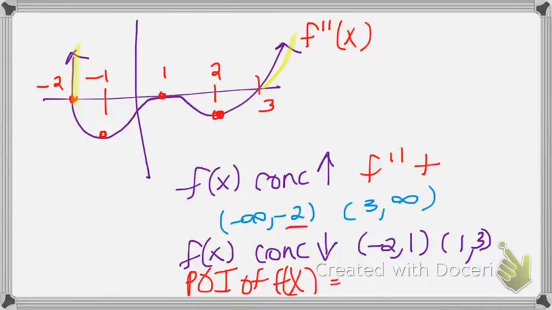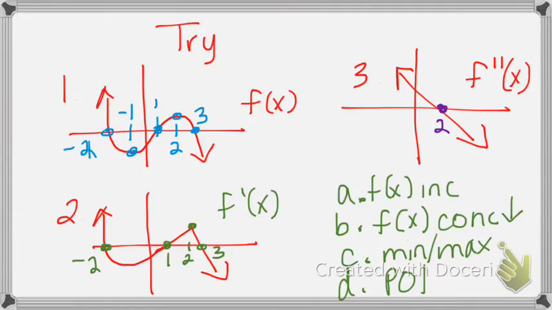Since I'm going from -2 to -2 there on the interval, that's one of them. And then 3 to 3 on the interval, that's the other. So the x values of the points of inflection are -2 and 3. Notice there wasn't one at 1 because it's not changing from positive to negative or negative to positive at 1.